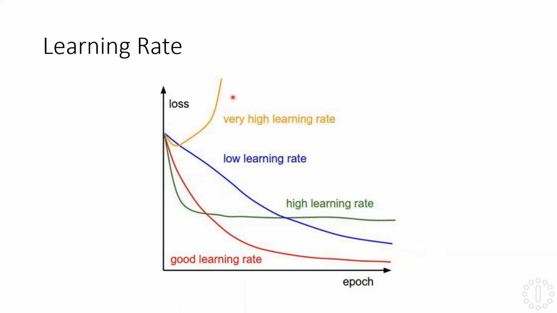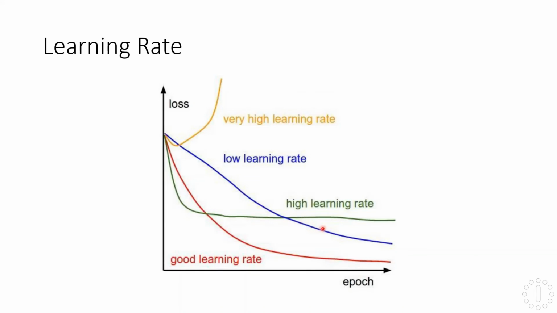If we have a very high learning rate, then the loss can become very large because we change the weights too much. If the learning rate is too low, we can see that the change in this loss function is very slow.